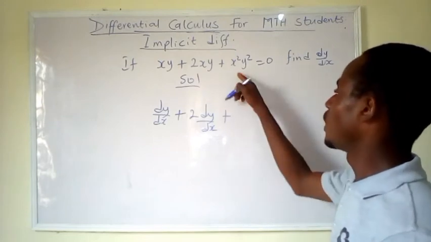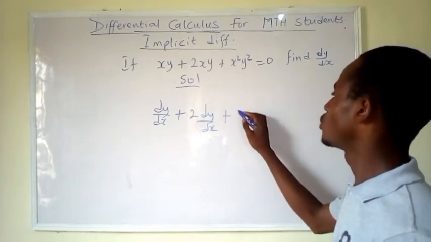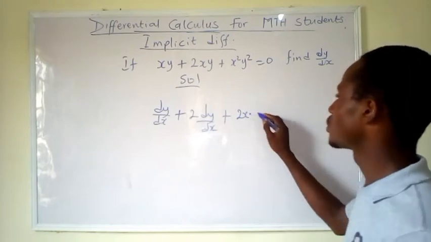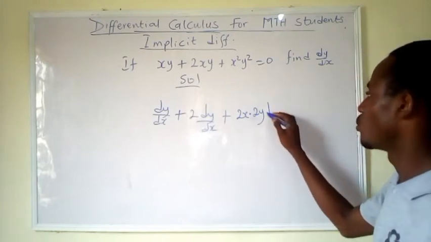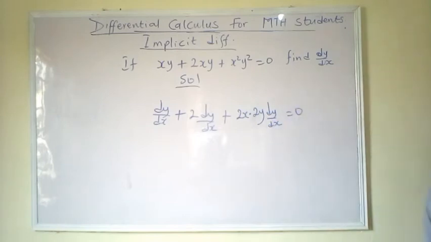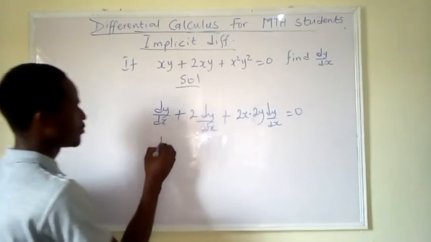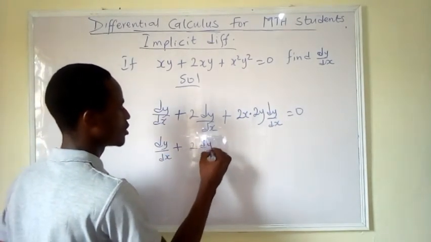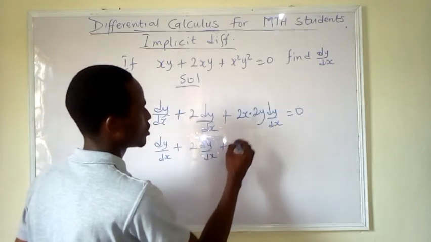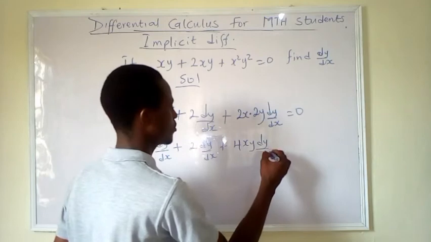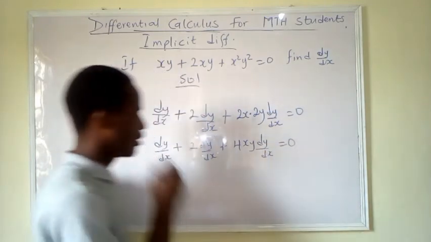And if I do that here, I'm going to have 2x times 2y dy/dx, all equals 0. So which implies that I'm going to have dy/dx plus 2 dy/dx plus 4xy dy/dx all equals 0.